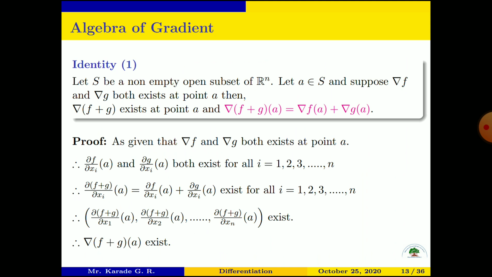Let A belongs to S, and suppose gradient of f and gradient of g both exist at point A, then gradient of f plus g exists at point A, and gradient of f plus g at point A is equal to gradient of f of A plus gradient of g of A. So this identity we can state in other words.